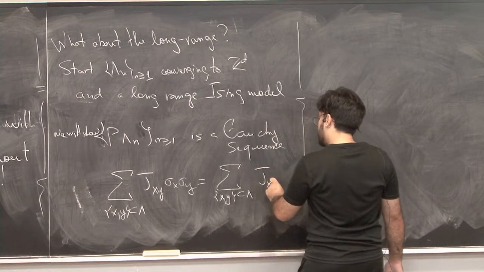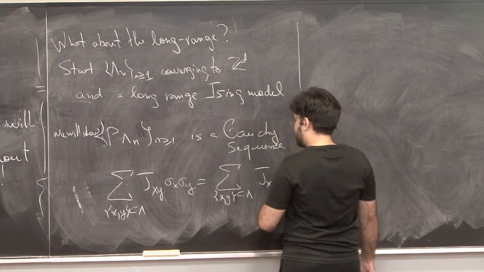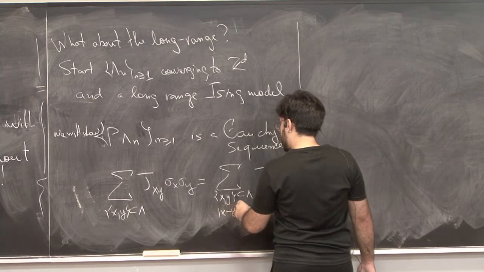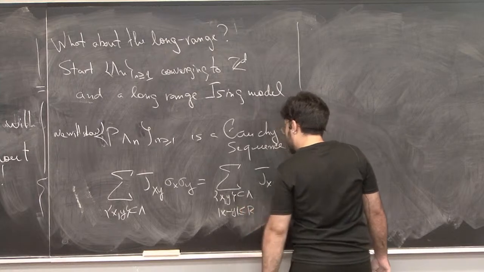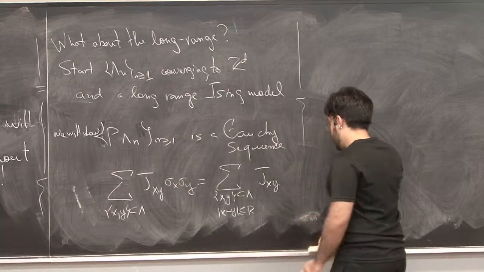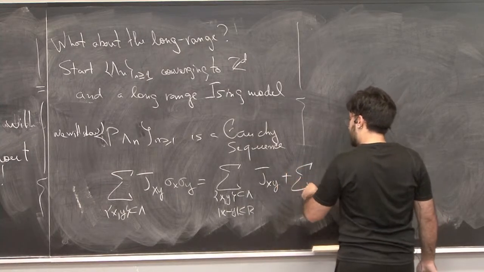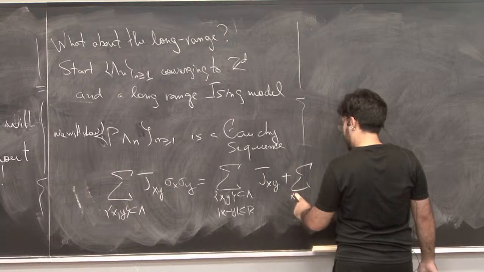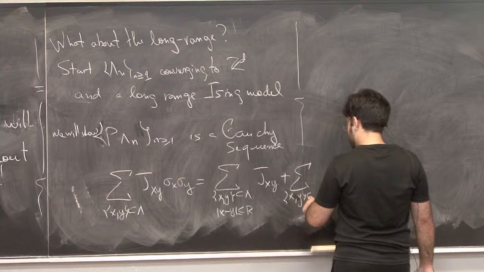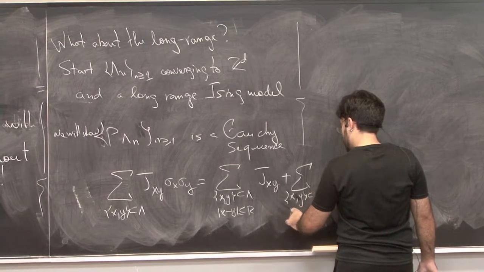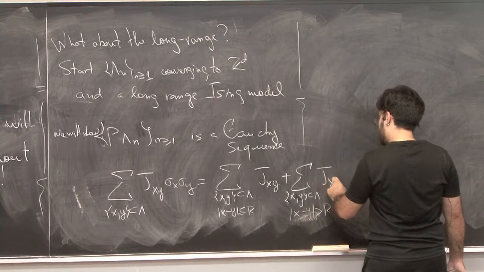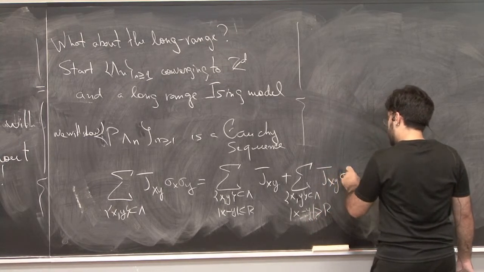The first one with a restriction: I only sum the pairs such that |x minus y| is less than a number r, and I sum the remaining part right here, |x minus y| larger than r, J_xy sigma_x sigma_y.